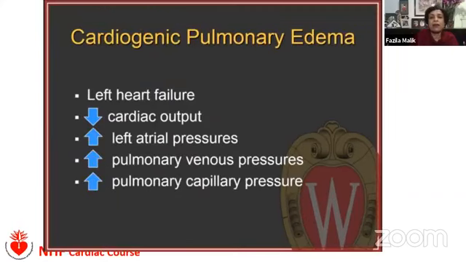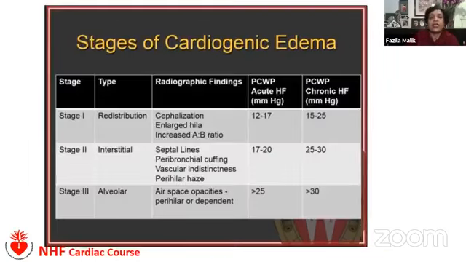So what happens in mitral stenosis? In mitral stenosis, left atrial pressure increases, there is increased pulmonary venous pressure, and then there is increased pulmonary capillary wedge pressure. And these pressures are very important because a certain pressure will give rise to certain findings in the lungs. So in stage 1 of pulmonary edema, what happens is that there is redistribution of the blood in the lung fields.